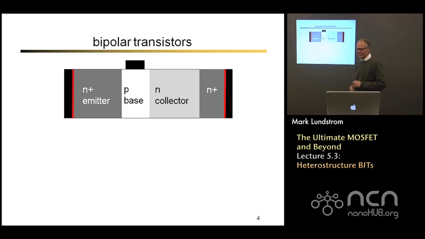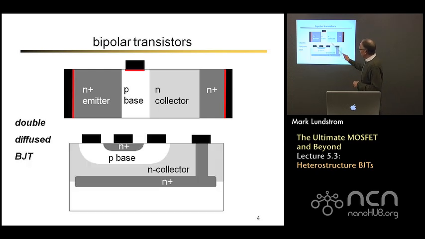But what's different is that in a MOSFET, we don't make a contact directly to the P-type channel. We indirectly influence the potential in the P-type channel with a gate voltage. The gate electrode is separated by an insulator. In a bipolar transistor, what's different is we actually make a metal ohmic contact to the p-type region.